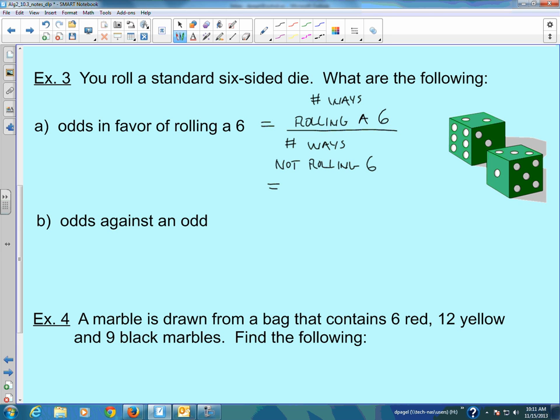Okay, so we have 1 out of 5. One way to roll a 6, 5 ways to not roll a 6. So that would be my odds in favor of getting a 6. It's 1 to 5.